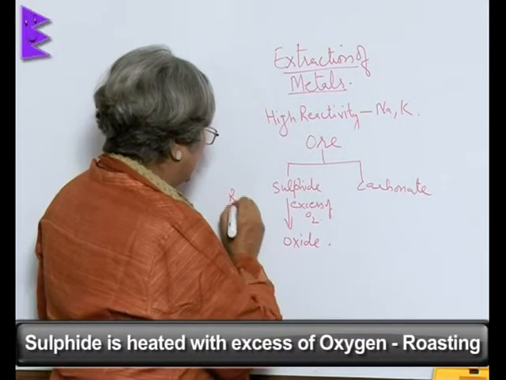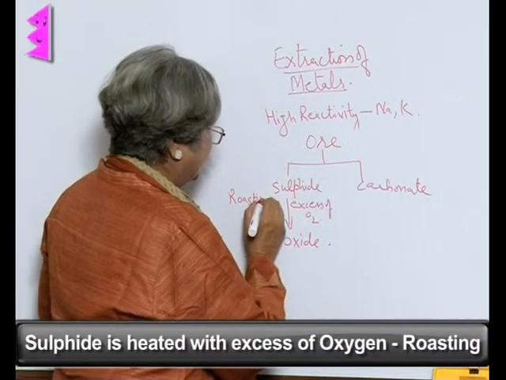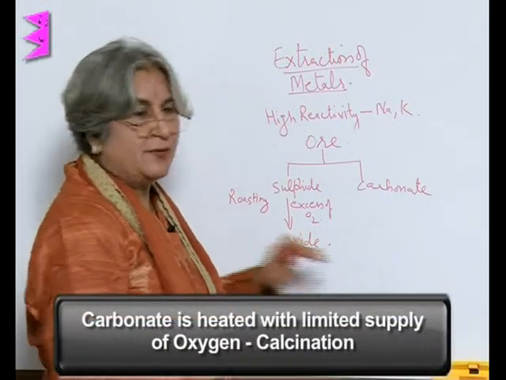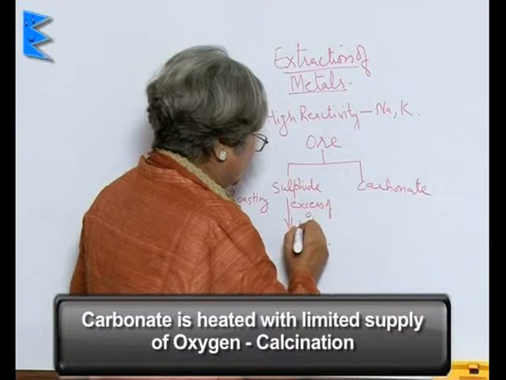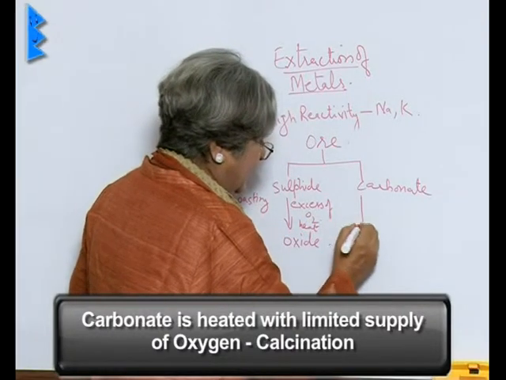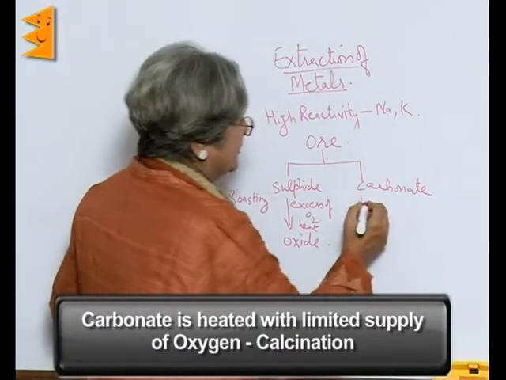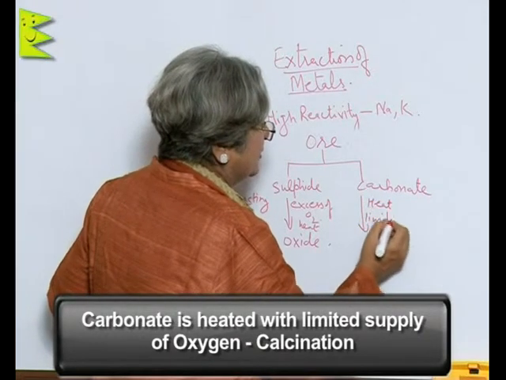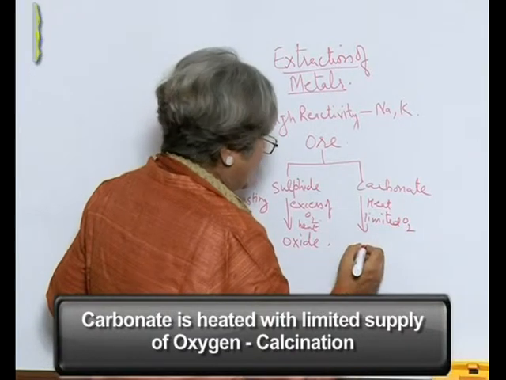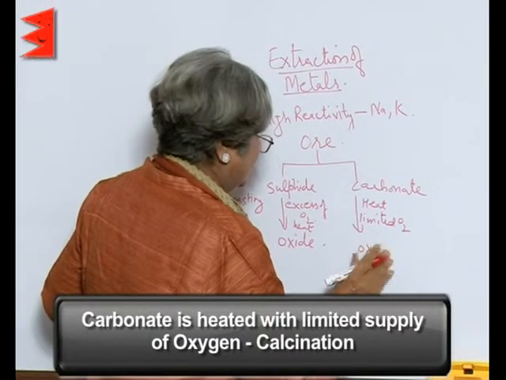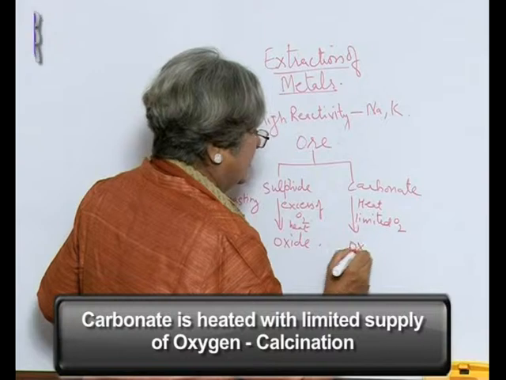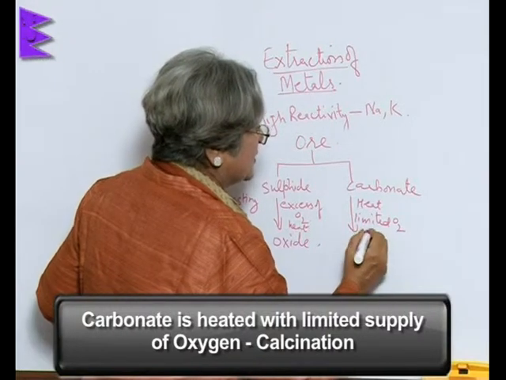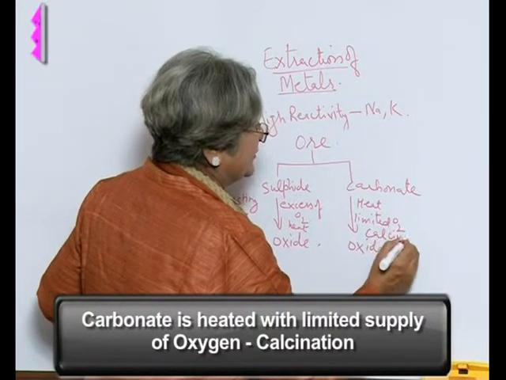This method is called roasting. In the case of carbonate, we heat it in limited supply of oxygen, then also we get oxide. But this process is called calcination.